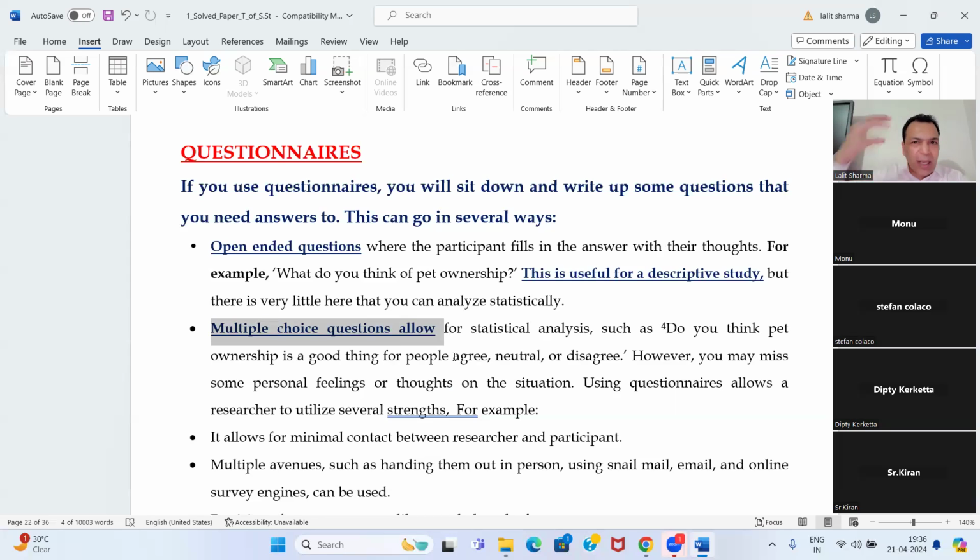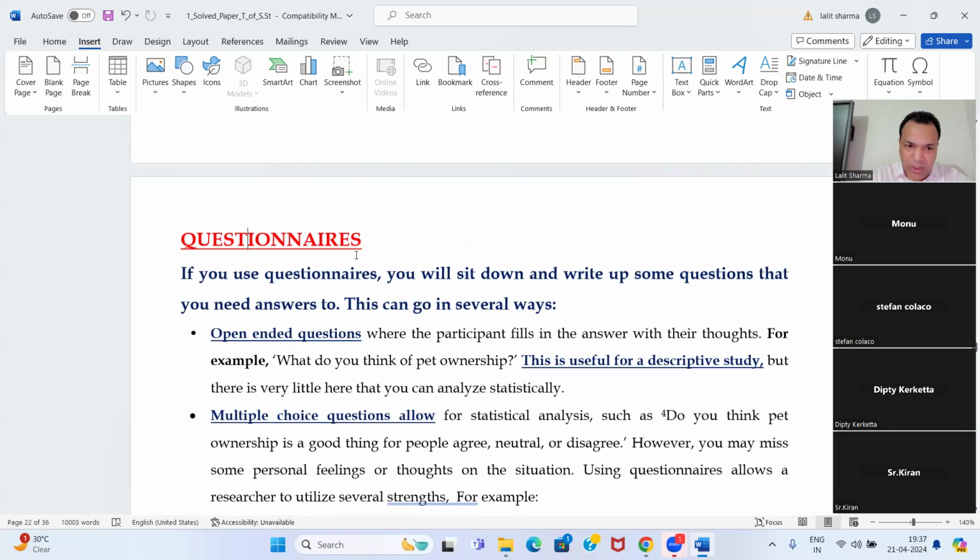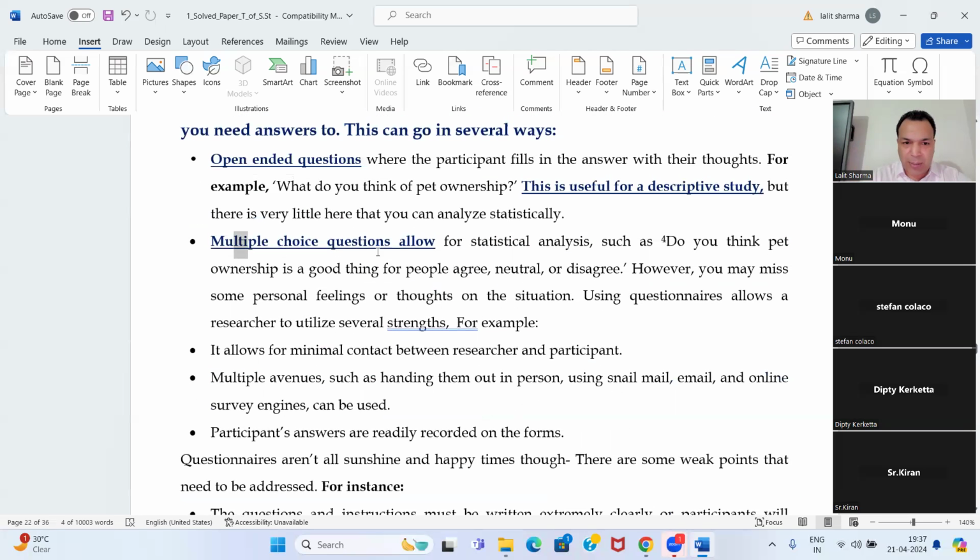So you have to dig more and more from the student from these kinds of statements. Okay, right. Open-ended questions, the student explains all the things in the open-ended questions. So you should have knowledge of these questionnaires. Some of the questionnaires are open-ended questions, some are multiple choice questions, and all the questions have their merits and demerits.